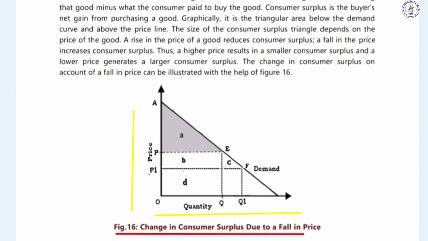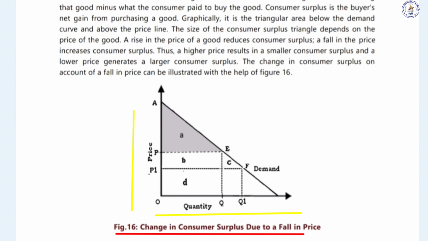Now, when the price declines to P1, they are able to go further to Q1. The extra that they get is shown under the rectangle P. That is the satisfaction that they get extra by paying a little less than the price they expected. Now, what does the smaller triangle, small c, mention?